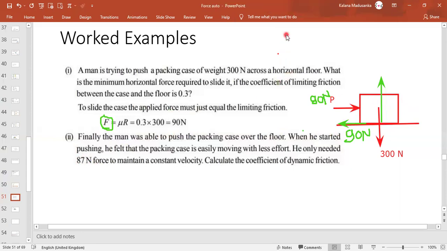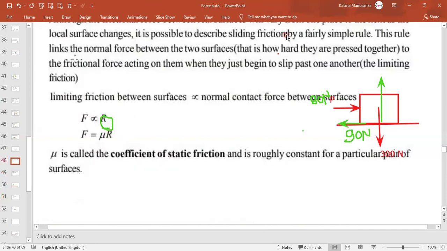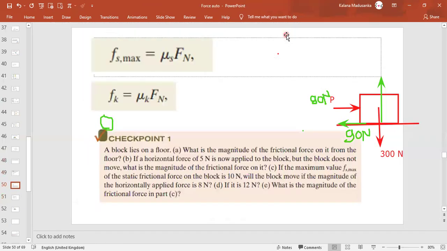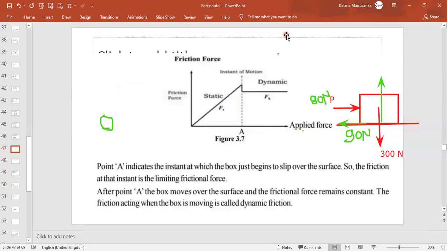Now, the answer lies with that diagram, right? You can see we already found out that this maximum limiting point is 90. This value is 90. However, you can see when the object is in motion, that friction coefficient is somewhat reduced.